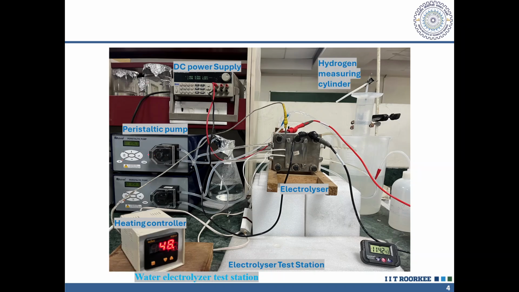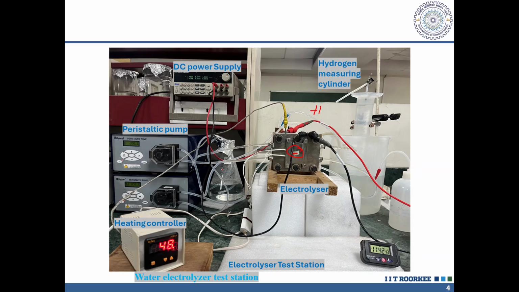But generally, suppose this is the anode and this is the cathode. Actually, this is minus; the anode is opposite. The water is fed inside the anode, and through the proton exchange membrane the H+ ions come to the cathode side when we apply an external electric field.